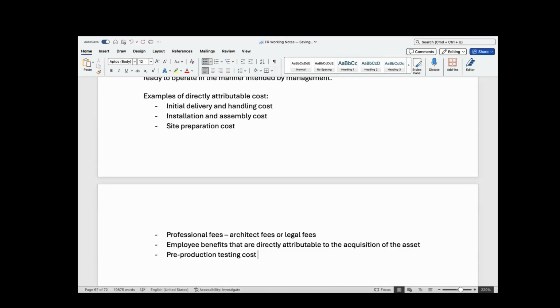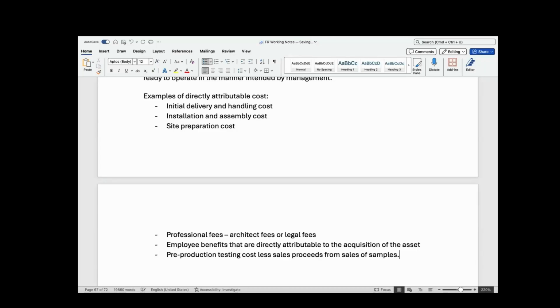Now, when you test it and it works and is able to produce some products, you're able to get some things from it. If you make money from selling that kind of item, you will not recognize that as income. You will come and deduct it from here. Less sales proceeds from sales of samples.